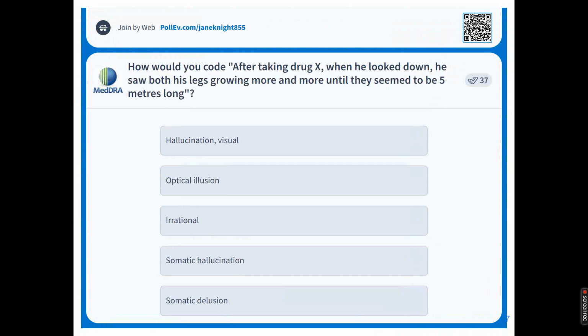Something related to the body. A somatic hallucination or a somatic delusion. Does he see his legs being long, or does he believe his legs are long, or that there's something wrong with the body? Where do those two terms fit into this discussion?